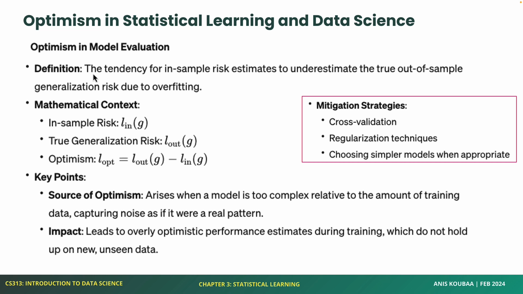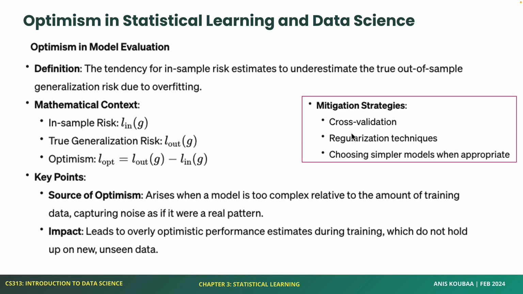It tries to measure the tendency for the in-sample risk estimates to underestimate the true out-of-sample generalization risk. It means what is the deviation of the trained loss with respect to the actual loss, or the minimal loss. That's what we want to manage.